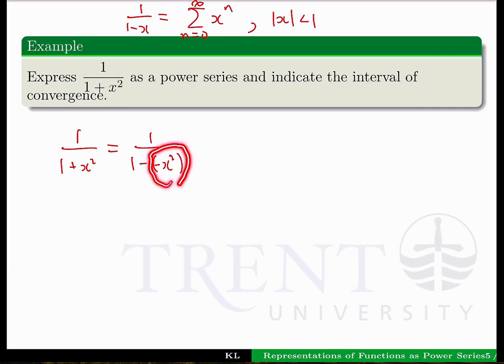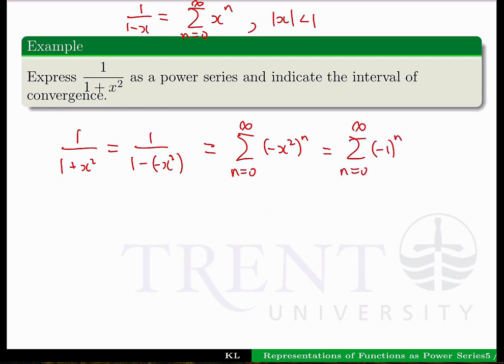This one here can replace this one so that this will be equal to the power series running from 0 to plus infinity of (negative x squared) to the power n. Or this will be the sum from 0 to plus infinity of (negative 1) to the n times x to the power 2n.